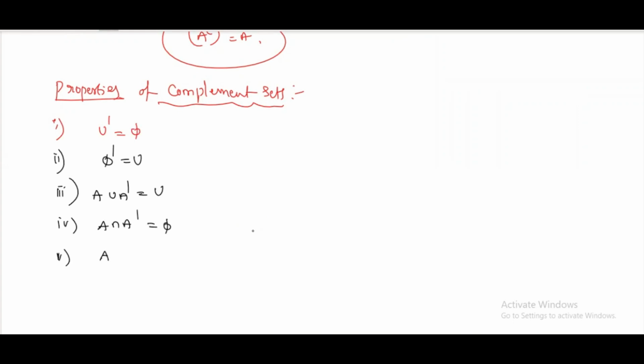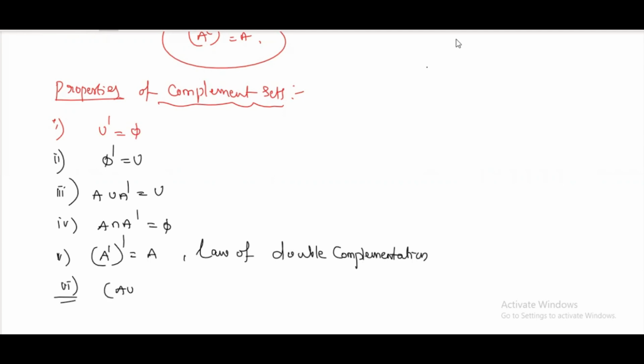If I take any set and its complement and whole complement, it will be A, as we just saw. This is called the law of double complementation.